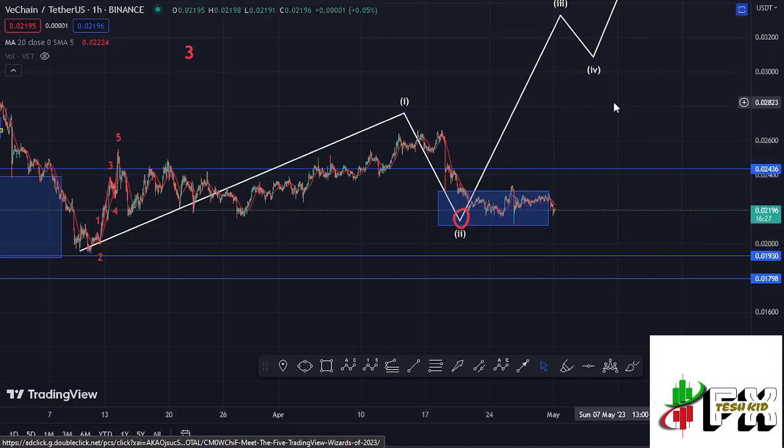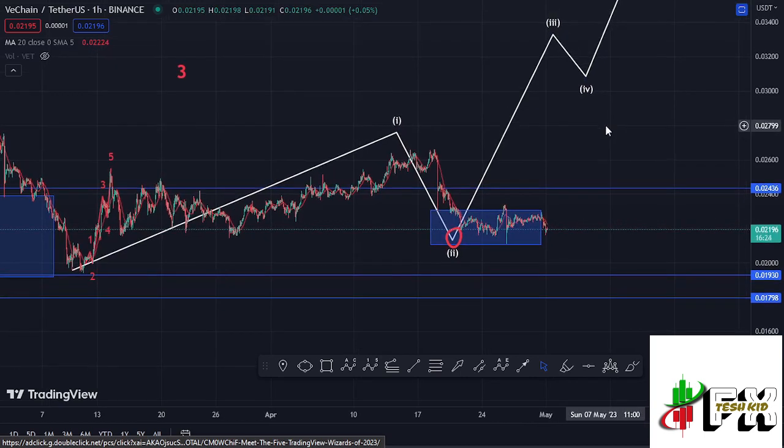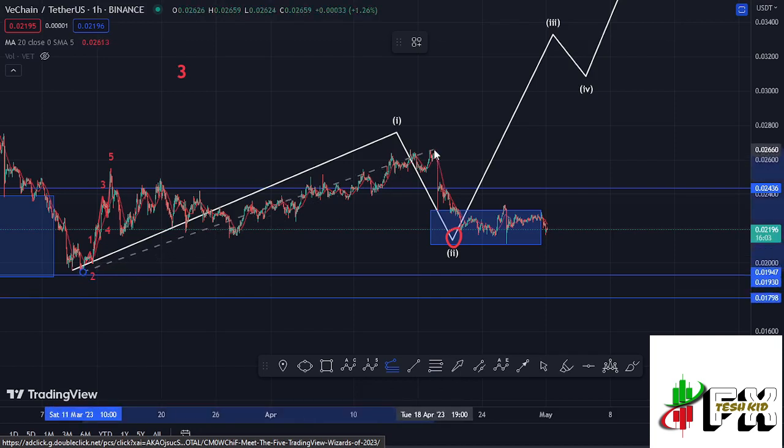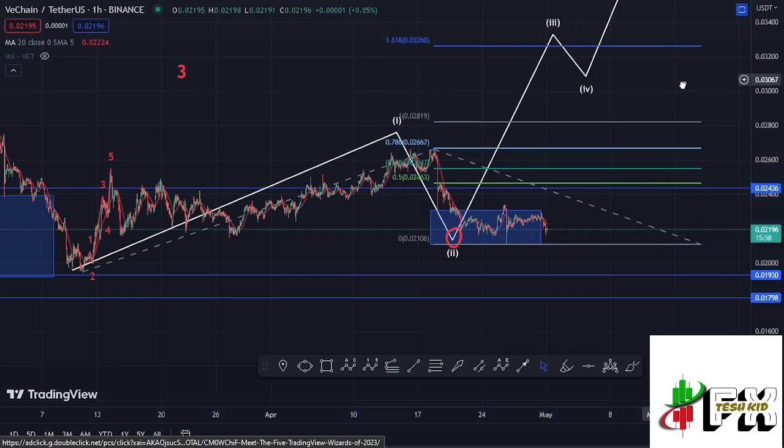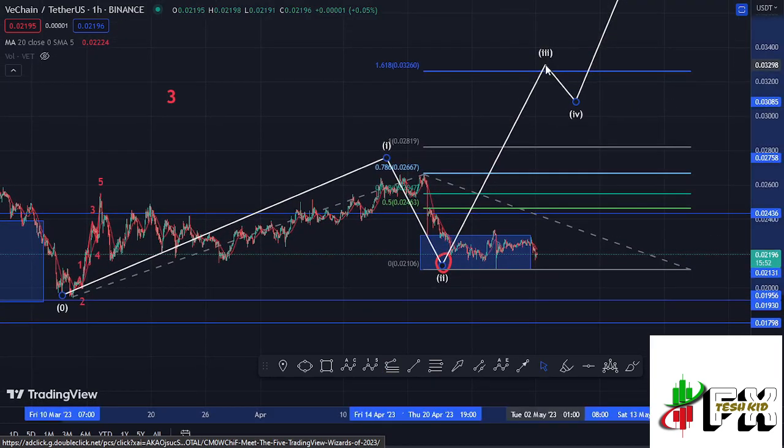And I believe that Vechain is now ready for that massive pump to the upside in the formation of this wave 3. And assuming that Vechain is not going to give us one more leg down in the formation of this wave 2, we can sketch out a target area to the upside in the formation of that wave 3 by connecting the trend-based Fibonacci from the low of the first wave to the high of that wave 1, then drag the fibs to the low of the second wave, and that now gives me a minimum target area in that wave 3 at the fib level 1.618, and that is at around the $0.0326 mark.